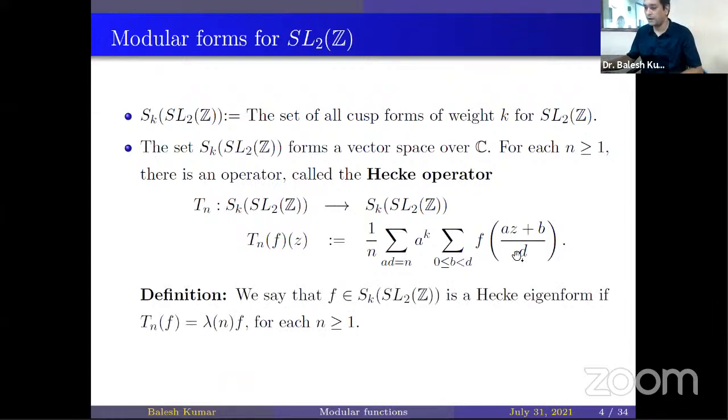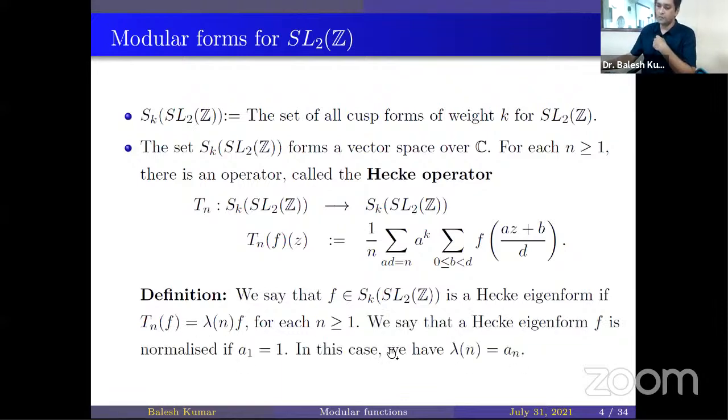Yeah, and so we have a family of Hecke operators acting on the space, and so the spectral theory of these finite dimensional vector spaces will tell you that one can get a simultaneous Hecke eigenform for each Hecke operator. By definition, we say that f is a Hecke eigenform if this function f is an eigenvector for each operator Tn.